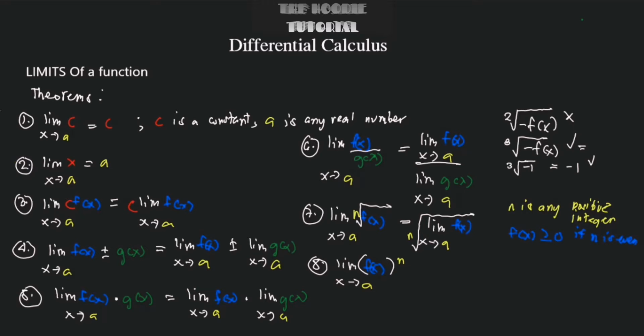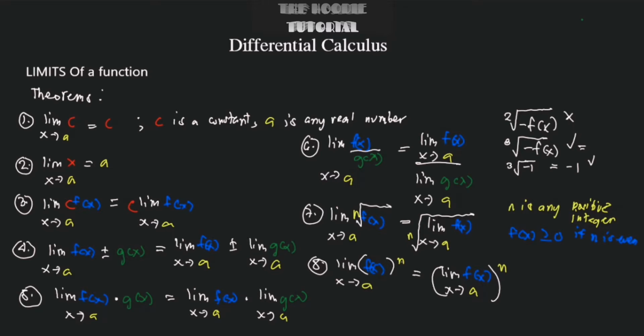So how do we evaluate this kind of limit? Just like in theorem number 7, we need to evaluate the inside function first, or the limit of f of x as x approaches a. Once we have evaluated the inside function, we raise all that to n.